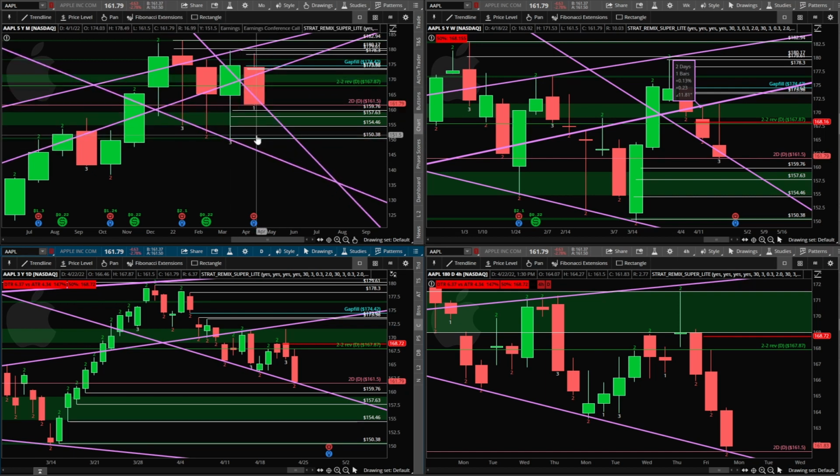That's a pretty substantial level. On the week, we did go outside week. A lot of tech did the same thing. It was a bloodbath. If you were somehow playing calls last week, I don't know where your head was at, because we were only talking about puts. Now the next actual price target, even on the weekly, is that monthly low of 150.38.